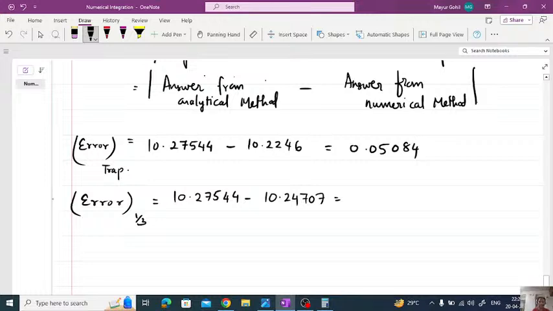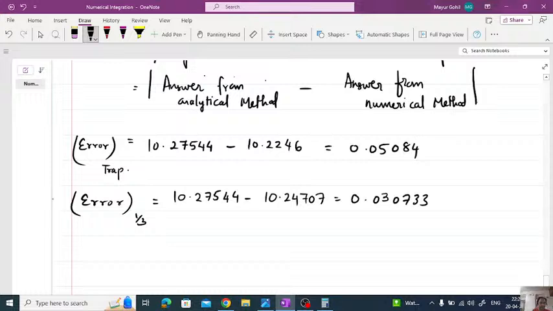So on this, how much do you get? So here the error is 0.030733, right?